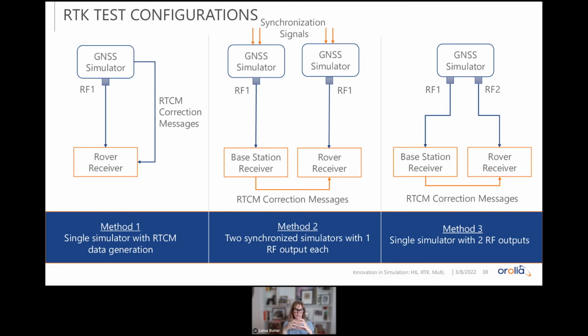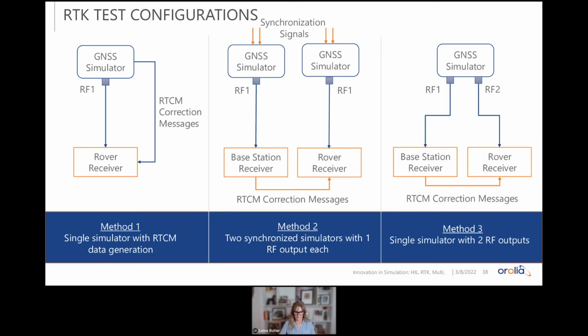In this situation, the GNSS simulator would provide position via RF to the rover, your receiver, and then it would also send RTCM correction messages via serial. So that's one application.